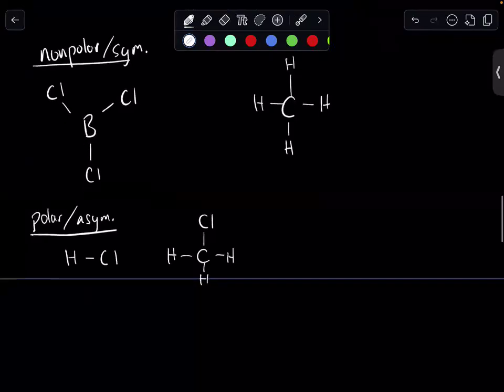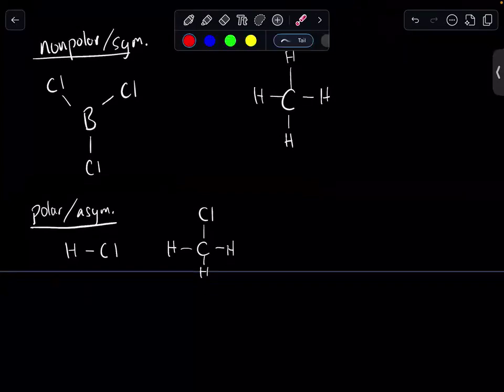Oh gosh, I'm just mixing this one. Monochloromethane or chloromethane. There it is. I can remember my organic chemistry. So in this example, we have a polar molecule. We can make it polar as well by putting the CO there.